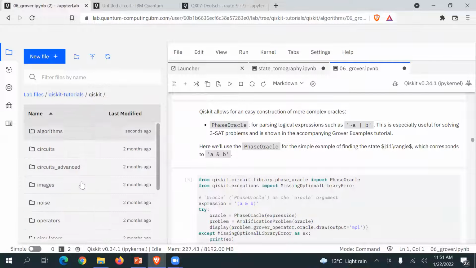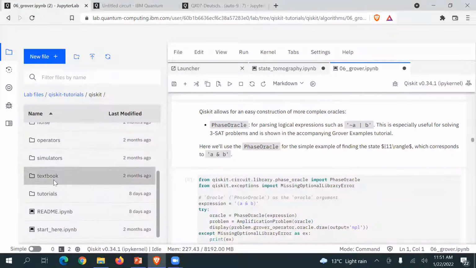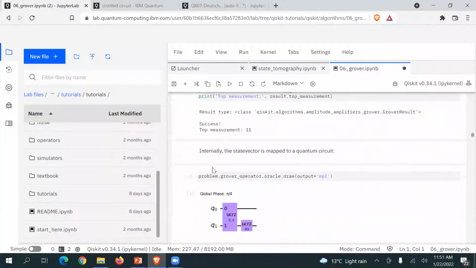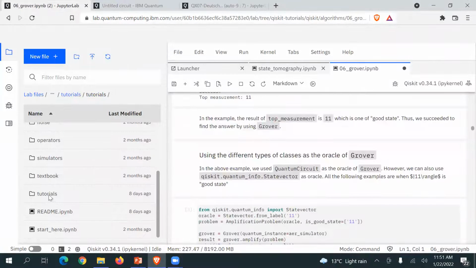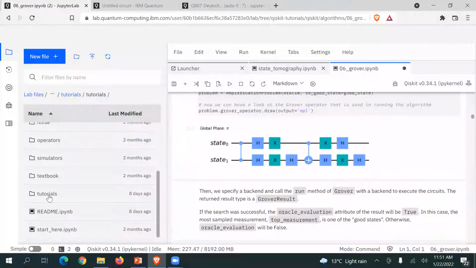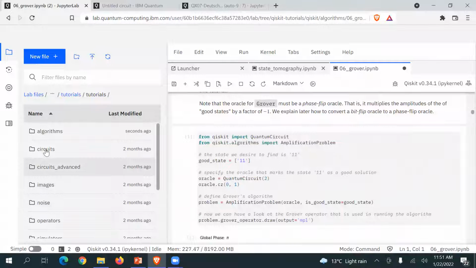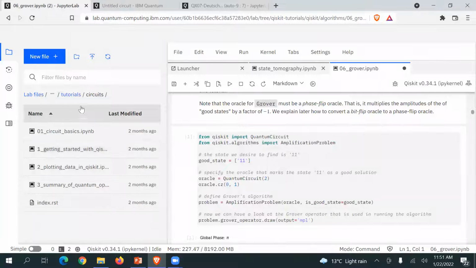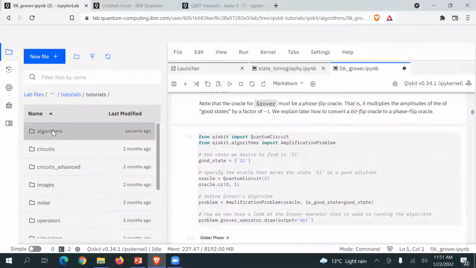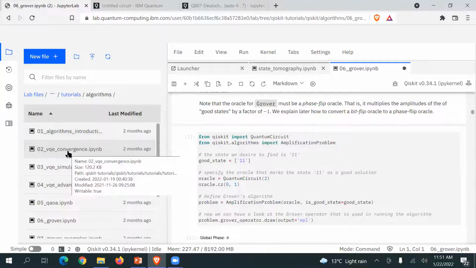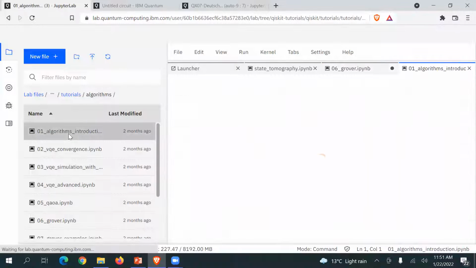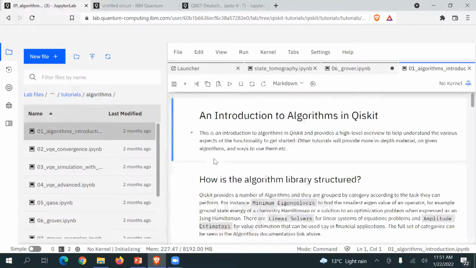Similarly for Shor's, in the tutorials, Shor's algorithm, and the circuits. In this VQE convergence algorithm introduction, you should be seeing the source also.